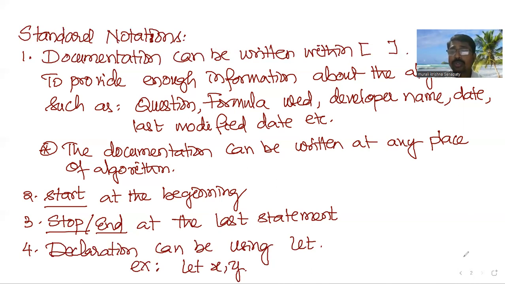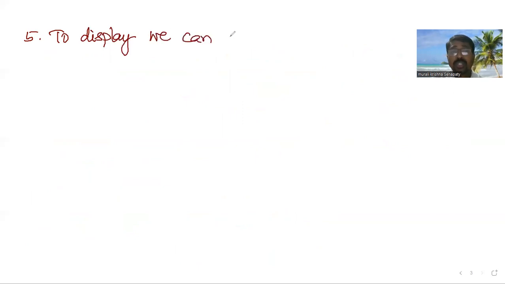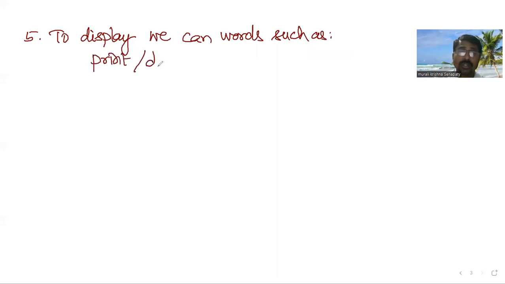Okay, now after that, fifth point, what else we need? Suppose we need to display something on the output screen. So how can we write it? To display, we can use words such as display, or print, or write.